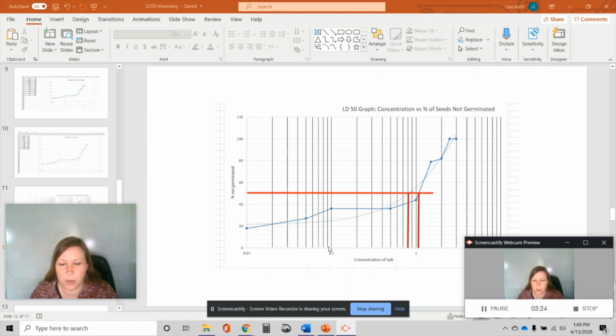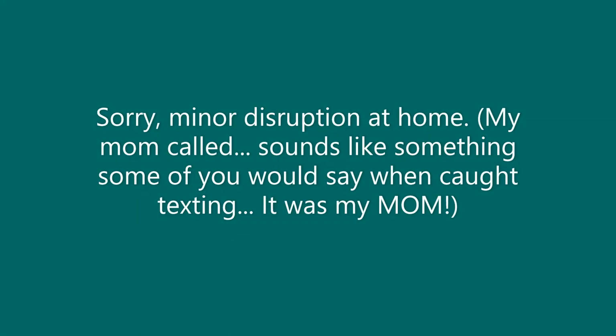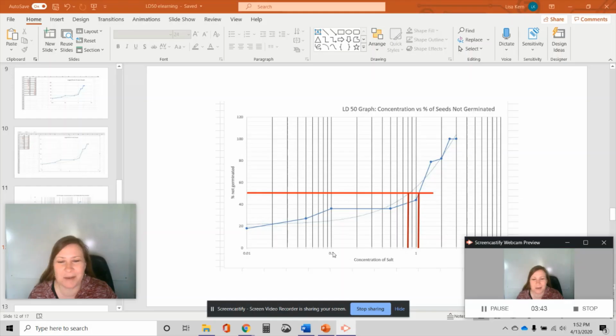So if this is 0.1, on our semi-log paper here, we're trying to find what value we should record for this red line here. So we have 0.1, this is 0.2, 0.3, 0.4, 0.5, 0.6, 0.7, and this falls right on the 0.8 line.